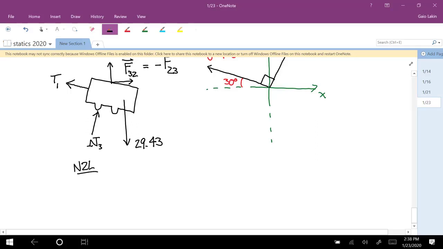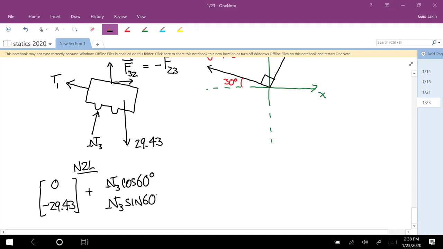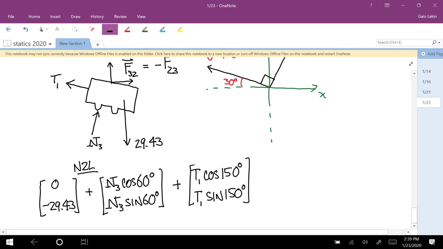So Newton's second law says 0, negative 29.43, plus N3 times cosine of 60, N3 times sine of 60, plus T1 times cosine of 150, T1 times sine of 150, and then add on negative F23x, negative F23y.